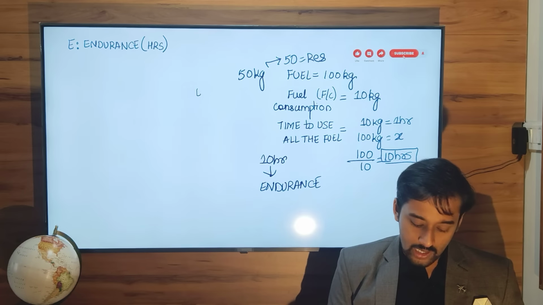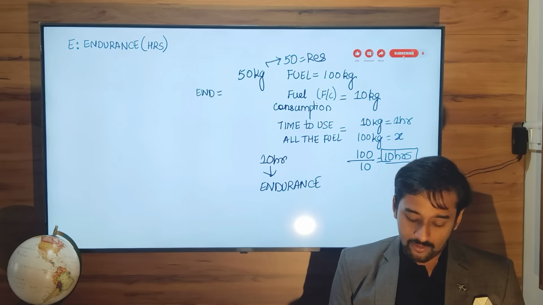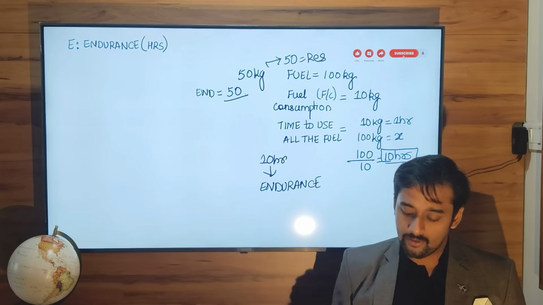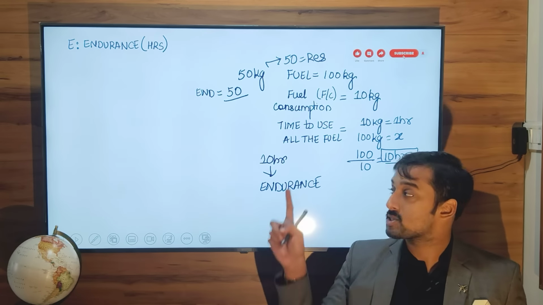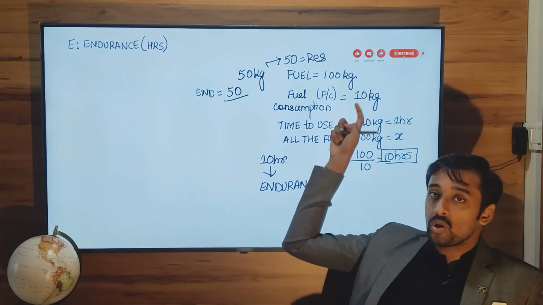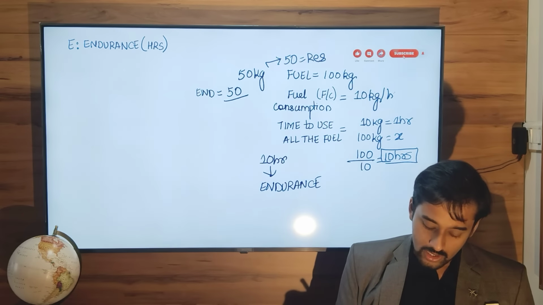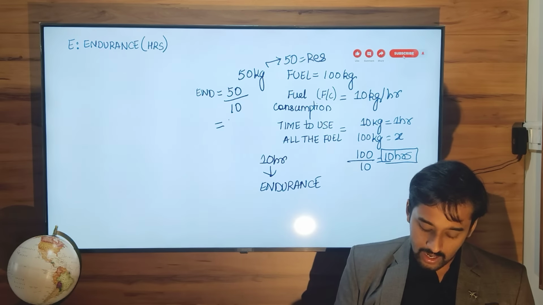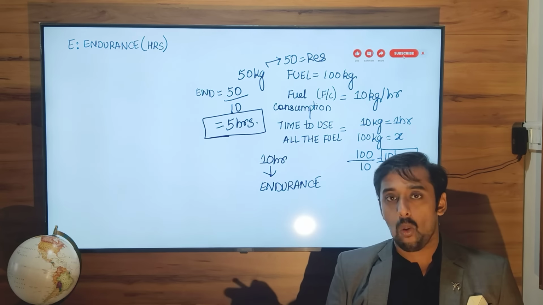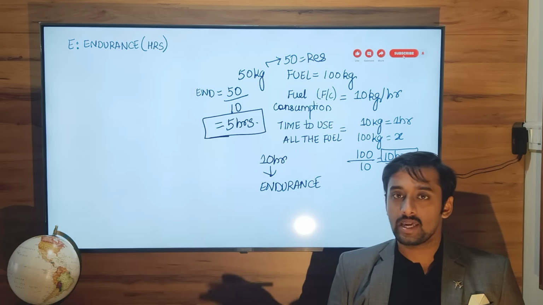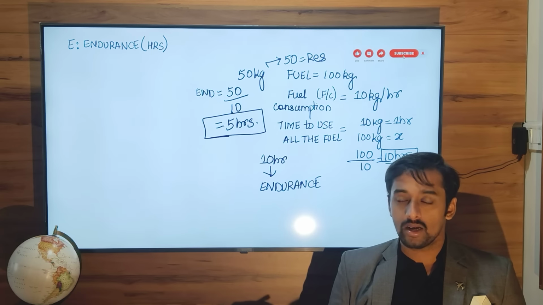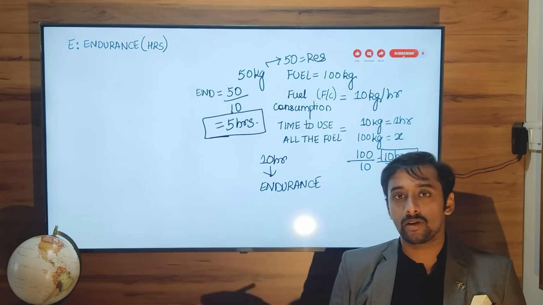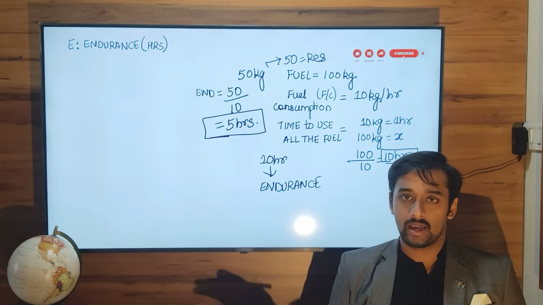So in this case, your endurance will be how much? 50 divided by fuel consumption, 10 kilograms per hour. So 50 divided by 10 means 5 hours. With this 50 kg of fuel, you can stay in the air for 5 hours.